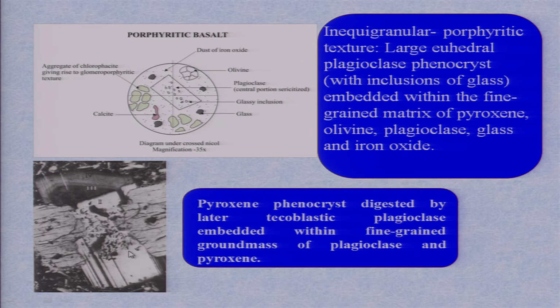Later on it was digested by a plagioclase grain. Plagioclase is cutting across the pyroxene grain, and this plagioclase displays zoned structure and twinned crystal. This shows twinning. These line like structures are called polysynthetic twinning. So, this displays polysynthetic twinning as well as zoning.